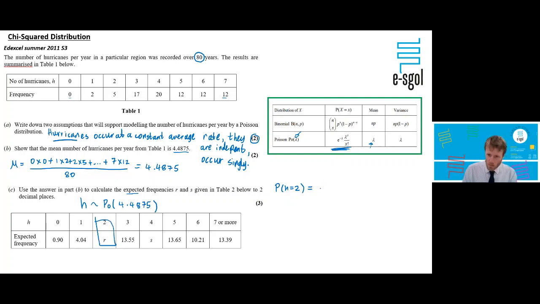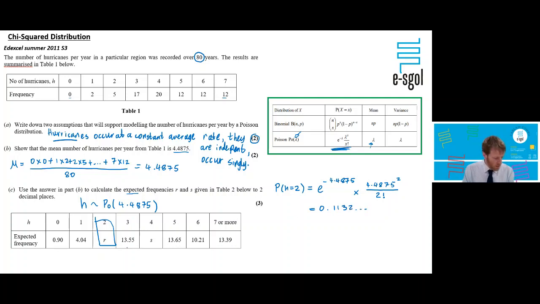Equals, and then we put the numbers into the formula, e to the minus lambda, so minus 4.4875, times lambda 4.4875 to the power of x, which is 2, divided by x factorial, so 2 factorial. That equals 0.1132.